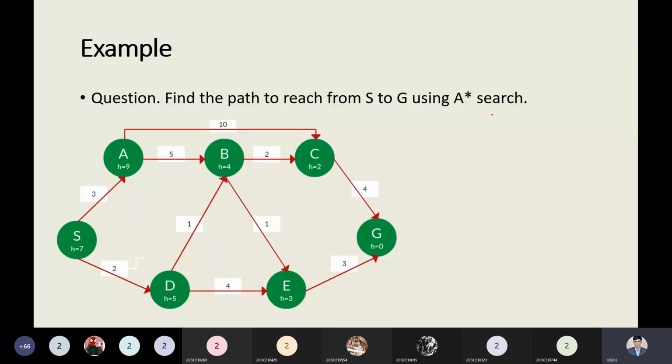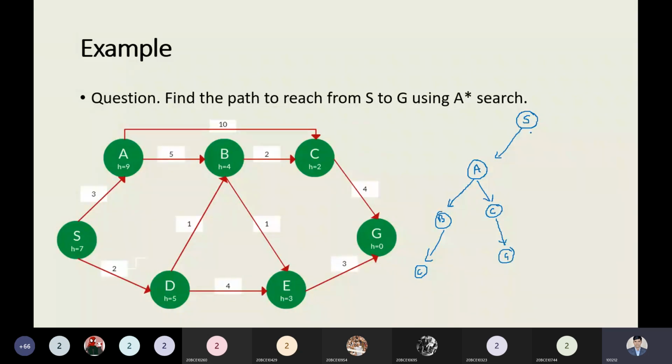So I'm just going to draw the tree, and then you have to think and tell me. Just the simple previous example. So we have S to A, and A to B, and B to C, and A to C, and C to G we can also add.